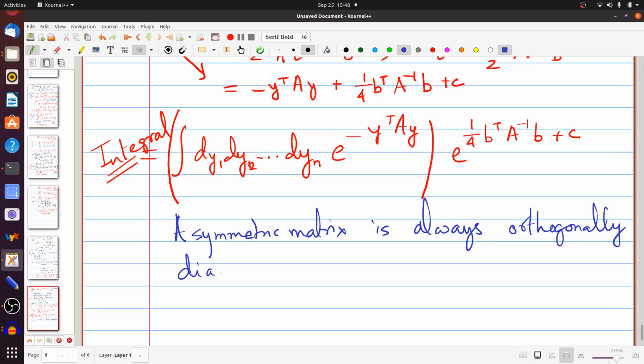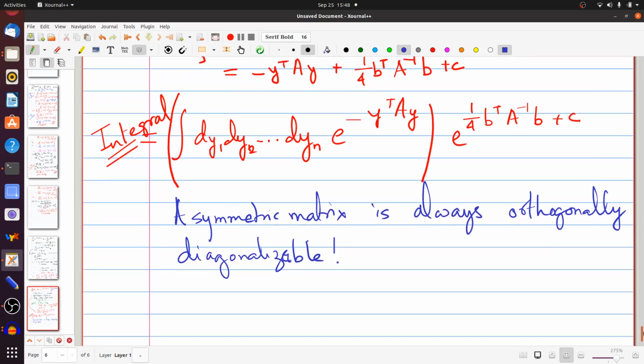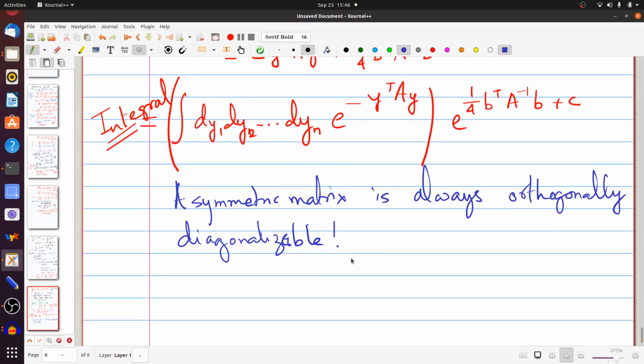Which means you can diagonalize it by an orthogonal transformation. Now, why is that a great thing? Just think about it this way. Suppose I change y to a new column vector by saying that y is, say, some matrix, square matrix S acting on z. Not just any square matrix, some orthogonal matrix.